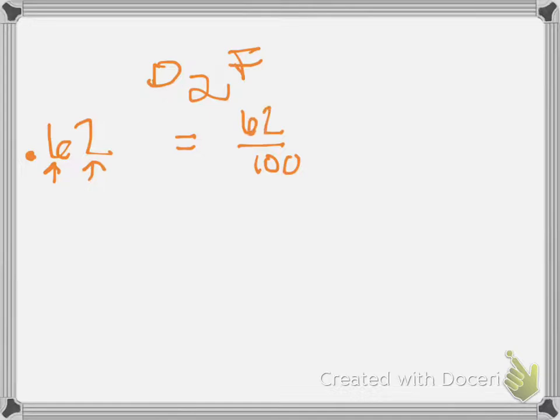So this is 62 over 100 before I reduce it. Or else I can do this: this part always goes on top, and however many numbers there are to the right of the decimal, that's how many zeros you put. 2 numbers, 2 zeros. You can think about it that way, or you can think about it as place value. To me, it's just an easy trick.